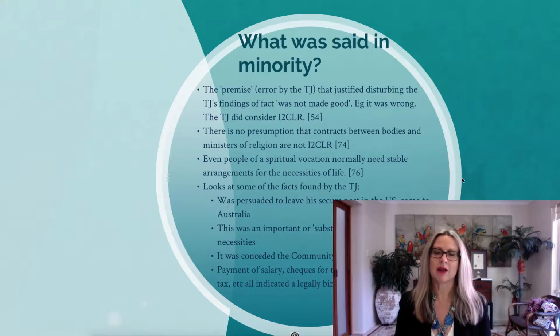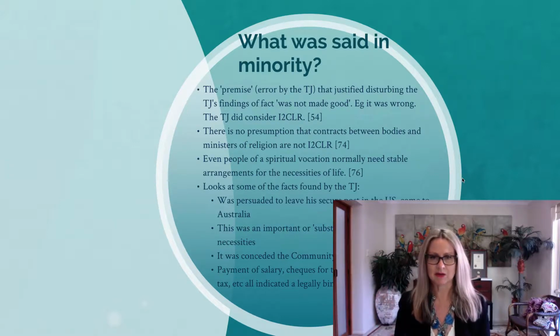The whole reason why the full court of the SA Supreme Court unpicked the findings of the Industrial Relations Court magistrate was because they thought there was no consideration given to the issue of intention to create legal relations. However, Kirby pretty much says straight off the bat, yes, it was considered. That question of intention to create legal relations was bound up in the issue of the magistrate working out whether or not the Archbishop was an employee or not.